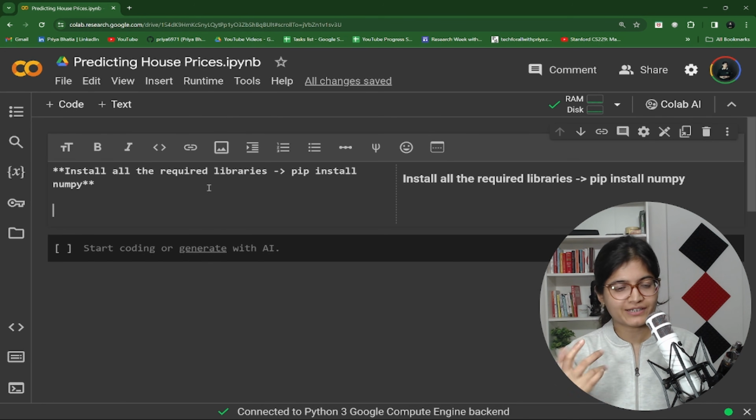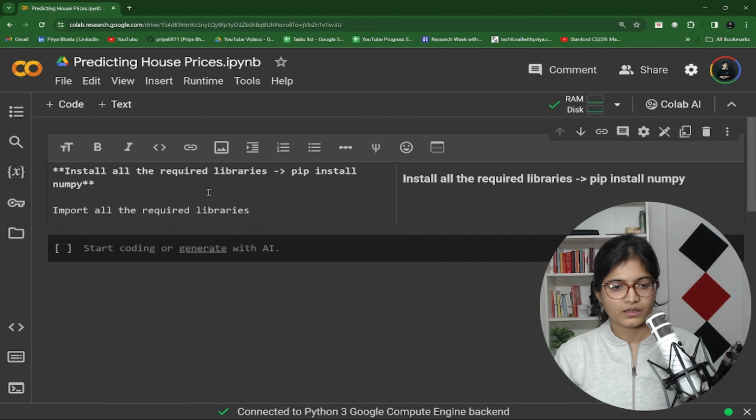Now the second important step, obviously we are skipping the installation because we are doing it in Colab, is to import all the required libraries. So let's import this.